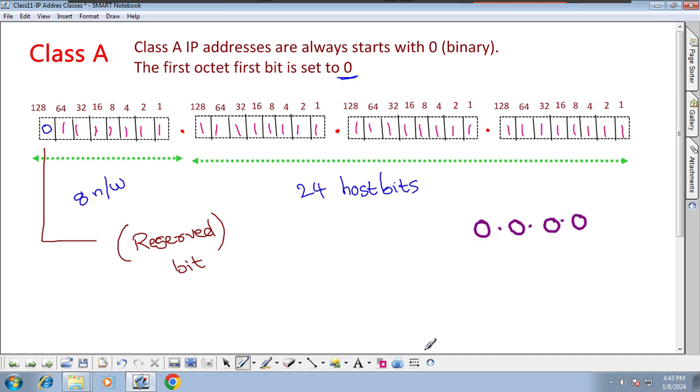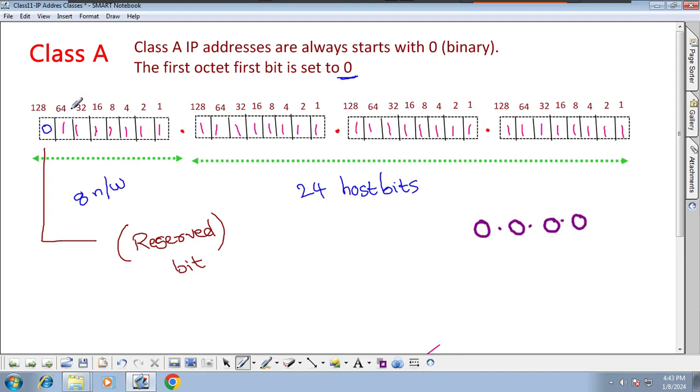Now let me try. See here, 0 is a reserved bit, that is a fixed bit. We cannot make it any other value, but the remaining bits are 1.